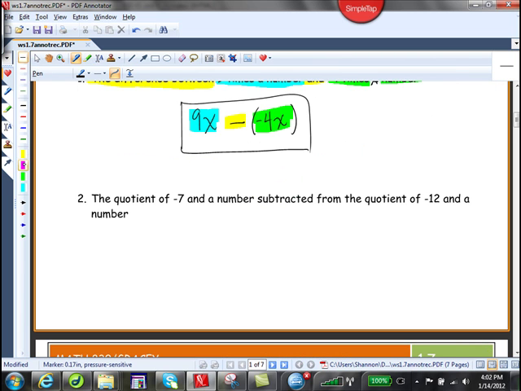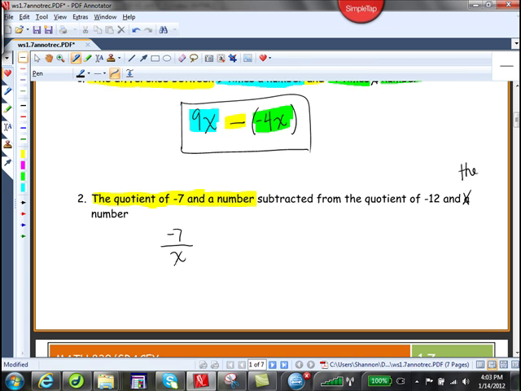Okay, here we go with this next one. So we have the quotient of. So the quotient of negative 7 and a number. And then here, again, I'm going to say the number. So the quotient of negative 7 and a number, I'm going to go ahead and put the whole thing in yellow, would be negative 7 divided by the number.